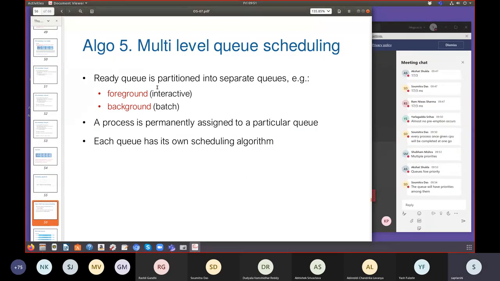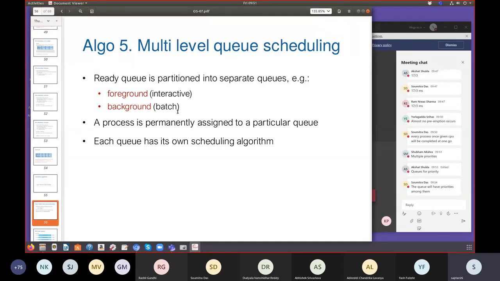So the ready queue is partitioned into multiple separate queues. For example, I'm not saying this is exactly done, but some processes will be interactive, or running in the foreground. The user will give inputs, etc. Some other processes will run in the background. These are called batch processes. They do not need to interact with the user. Maybe they will simply read a big file, do a lot of operations, and then write to another file.